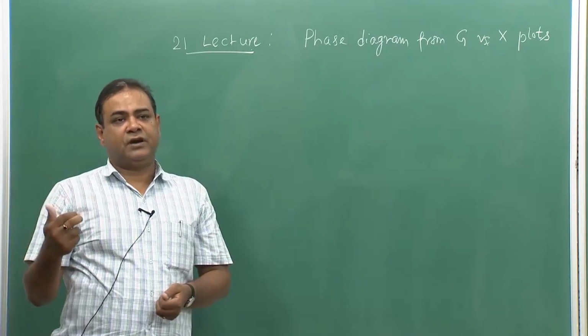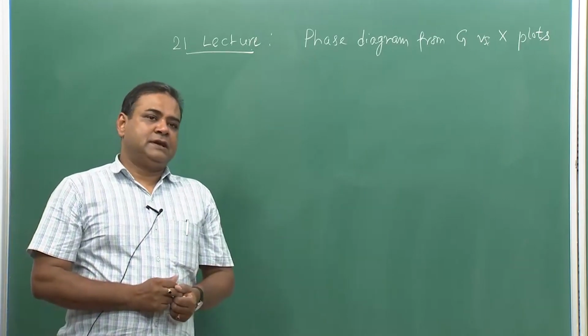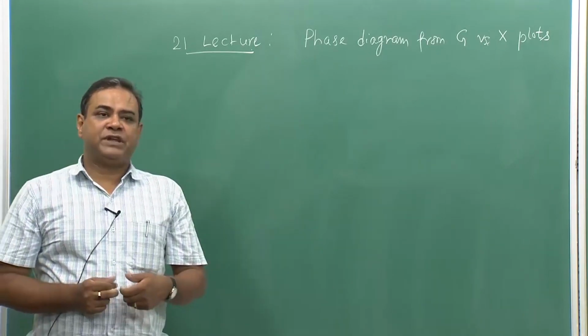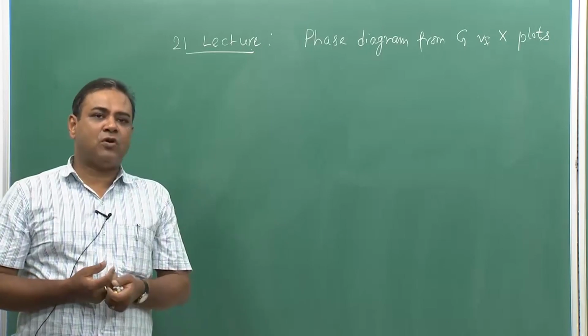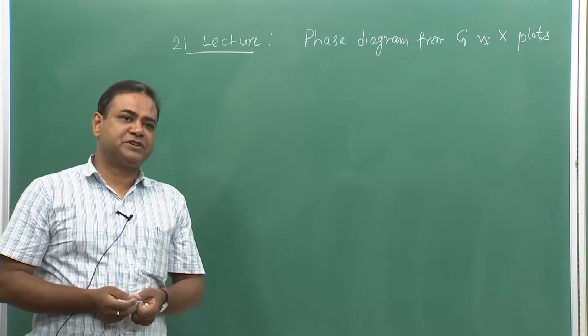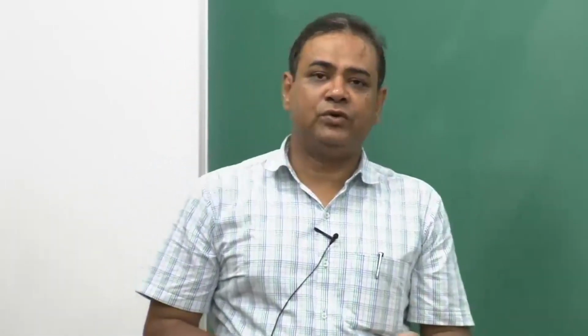And the second one we have talked about is the eutectic system, which is also about liquid to solid transformation, and there we talked about transformation of one liquid to two different solids.